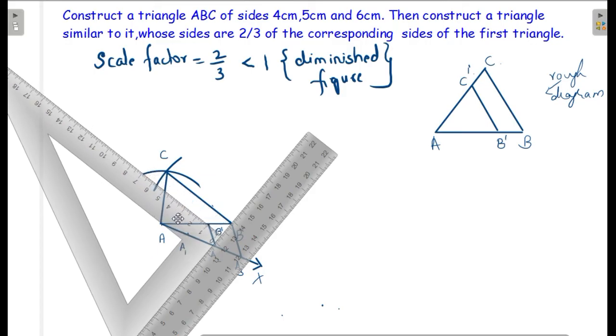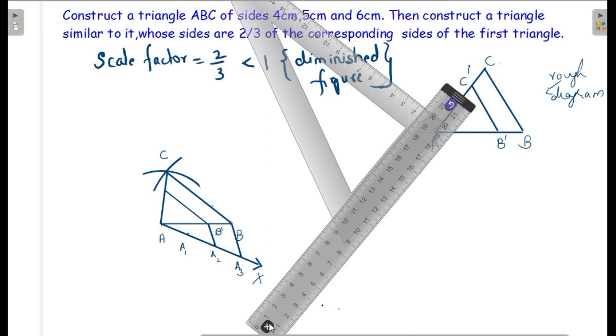So until which point we have to move? We have to move it till B dash. So from this B dash we will draw another line to AC, which will be parallel to BC.